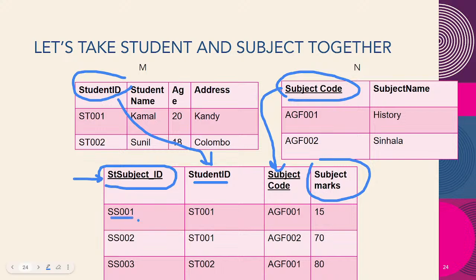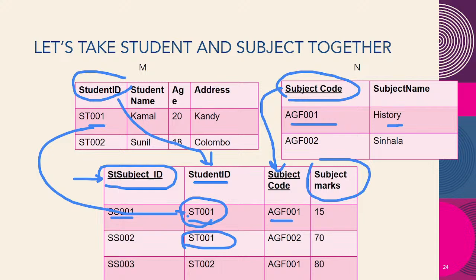So in here, SS1. ST1 means Kamal doing history. AGF1 means history. Then this is the same Kamal, ST1.